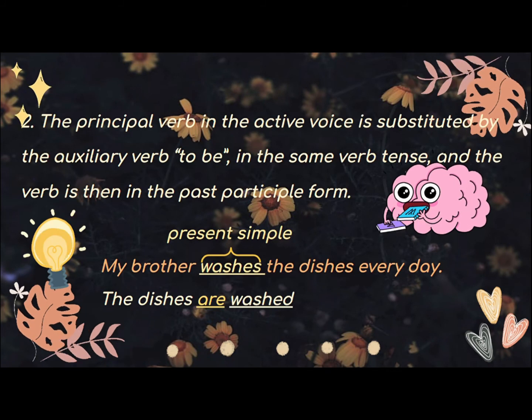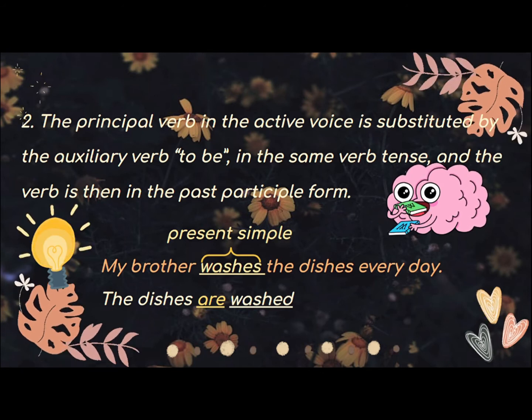Number 2. The principal verb or the main verb in the active voice is substituted by the auxiliary verb to be in its different forms and conjugations in the same verb tense, and the verb is then in the past participle form.